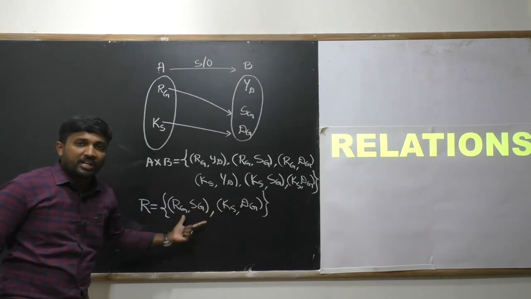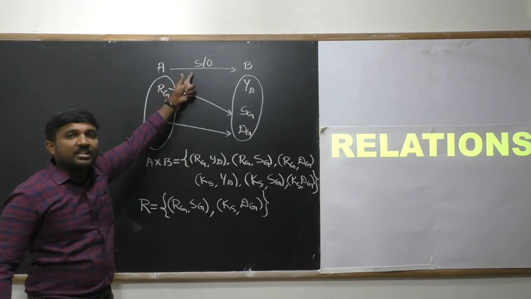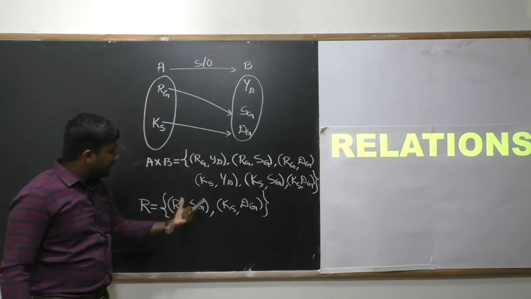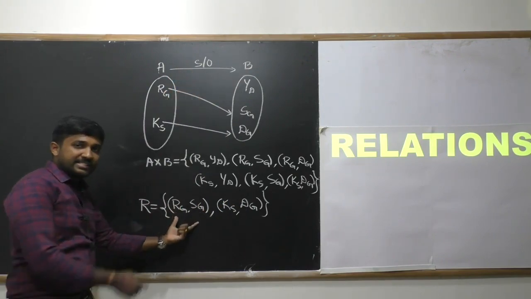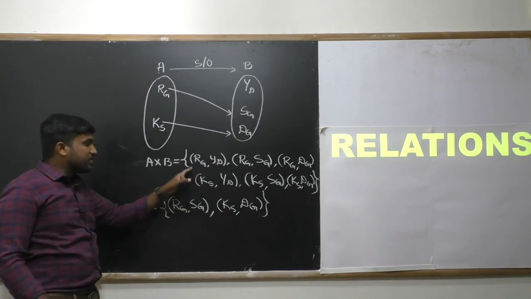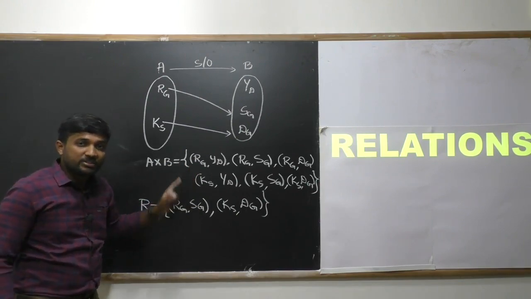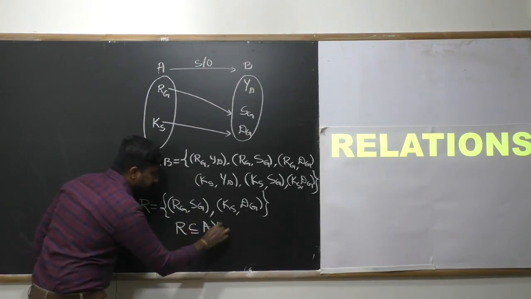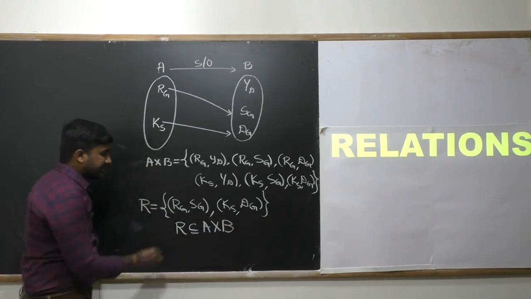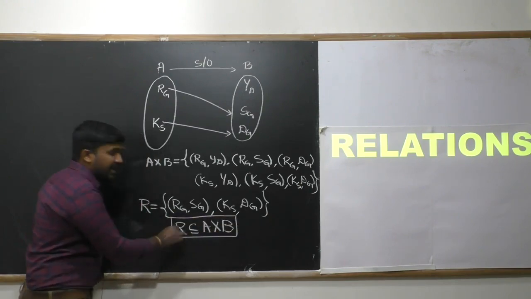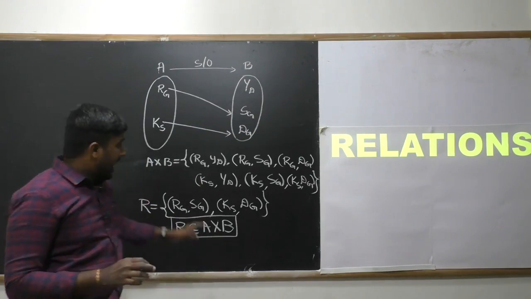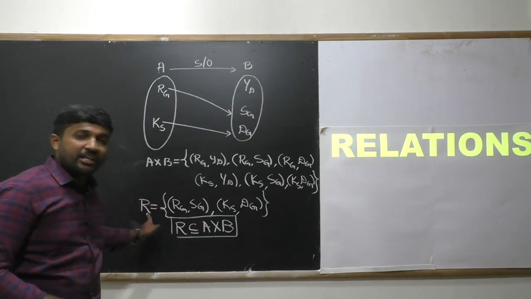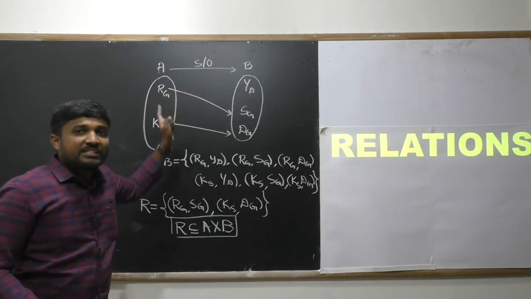These ordered pairs satisfy the given condition, and we note that the elements of this new set are also the elements of A cross B. That means R is a subset of A cross B. Relation R is a subset of A cross B. Hence we call R a relation from set A to set B.